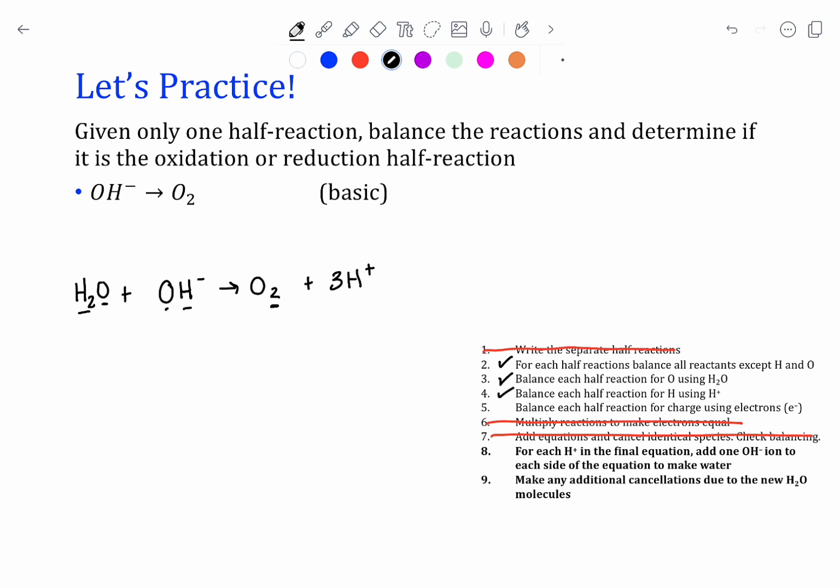Now we want to balance the half reaction for charge. So let's take stock of what our charge is on either side. On our reactant side, we have a -1. And on our product side, we have a 3+ coming from those 3 hydrogens. So what side do we need to add the electrons to, and how many electrons do we need to add?